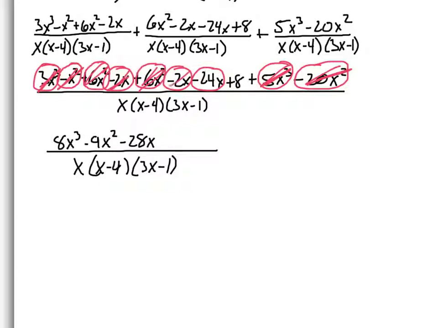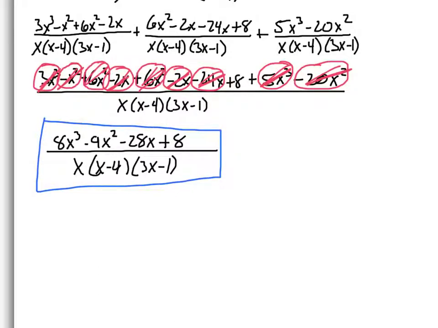Those go away. And we have plus 8. All right, so we look for any common factors along the top, and no. 2 goes into the 8s and the negative 28, but it doesn't go into 9. And 3 goes into 9, but it doesn't go into the 8s. So therefore, this is our simplified answer.